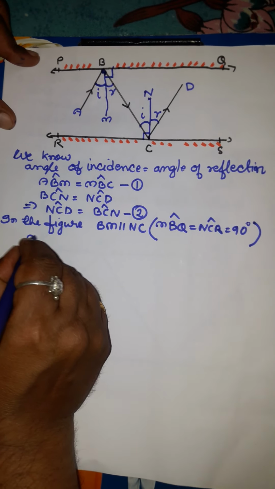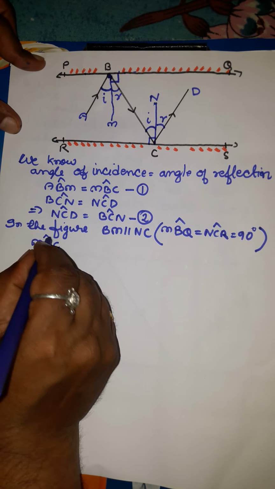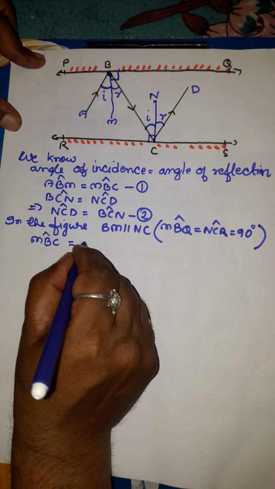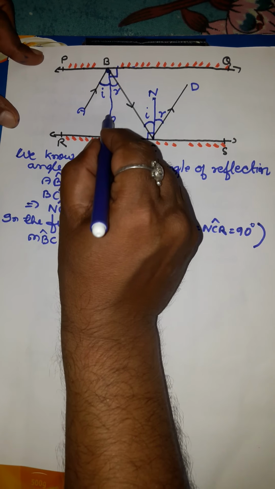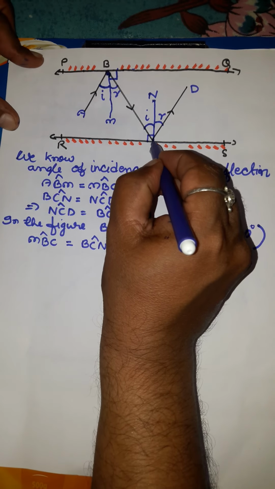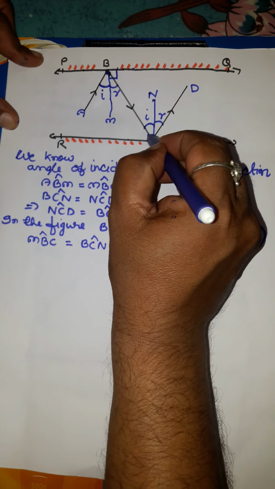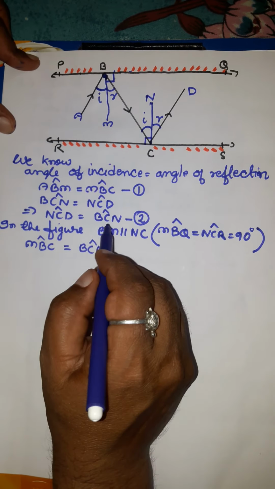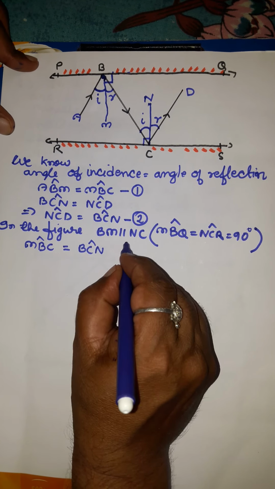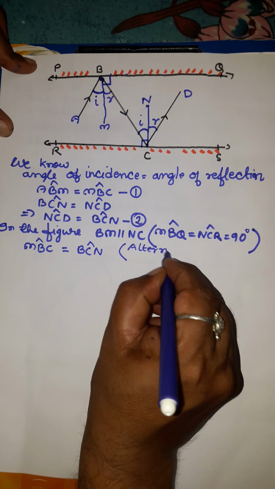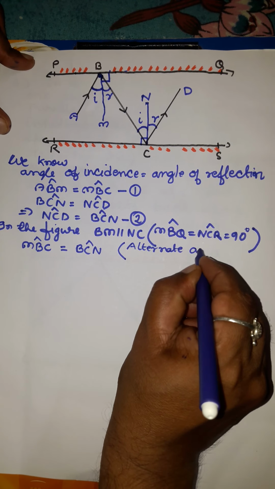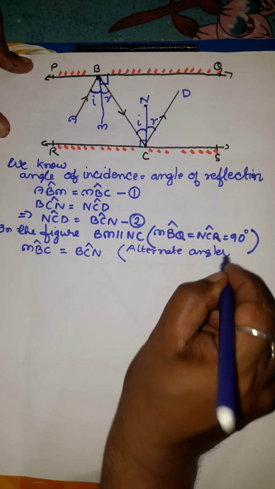Now, angle MBC is equal to angle BCN. Why? Because they are alternate angles. Why are they formed?